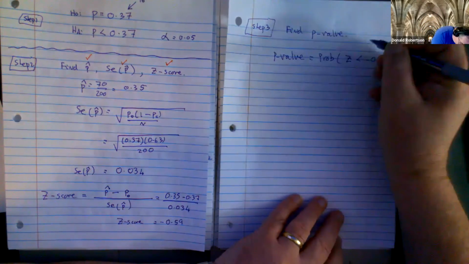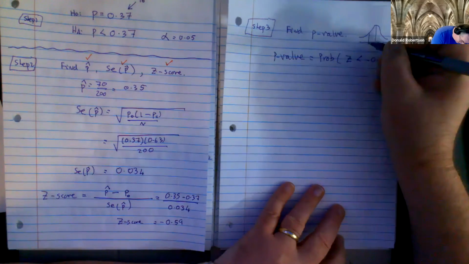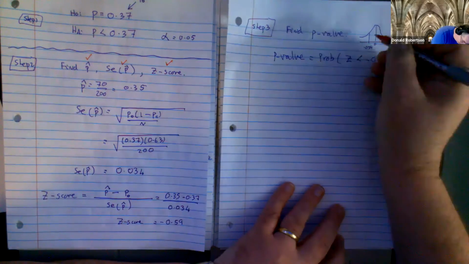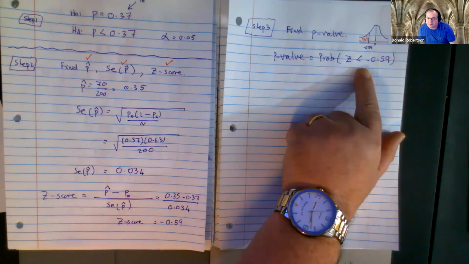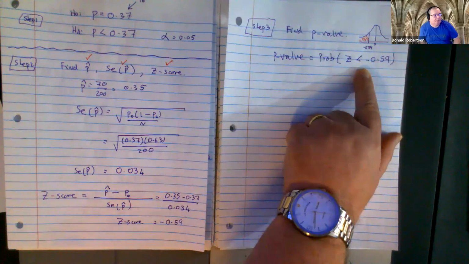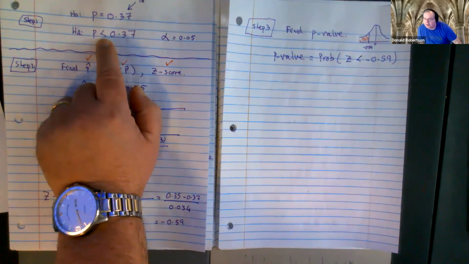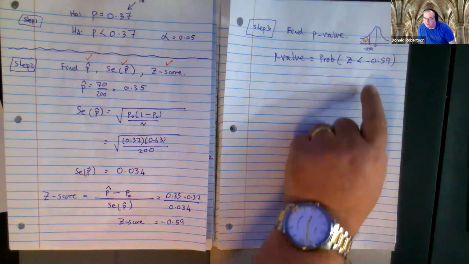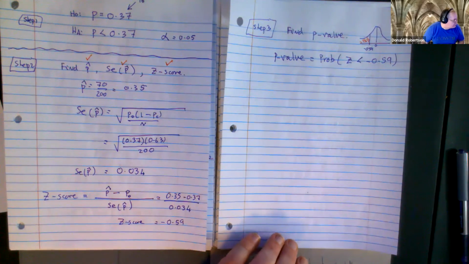So if you can imagine my little normal distribution with 0, we've got a guy here roughly at 0.59, and we are trying to find out that. Now you might say, well, why is it not bigger than that? Why do we go this way? You see this fellow over here, the alternate hypothesis? Aren't we trying to prove that it's less than something? So we have to look at z-scores less than something. And that something is your p-value.